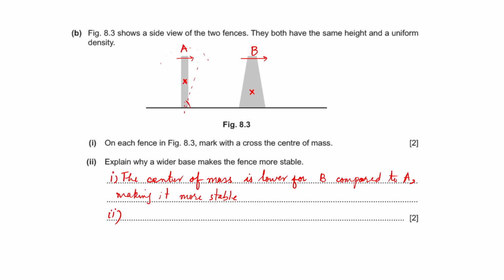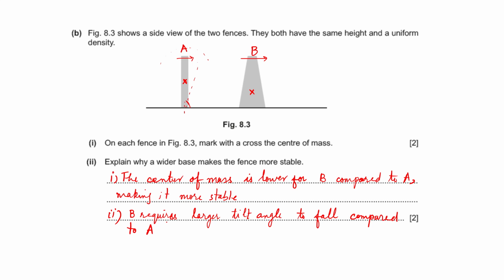base, see the fence under consideration in part B. So this is what we can also write here. So B requires larger tilt angle to fall compared to A, right?